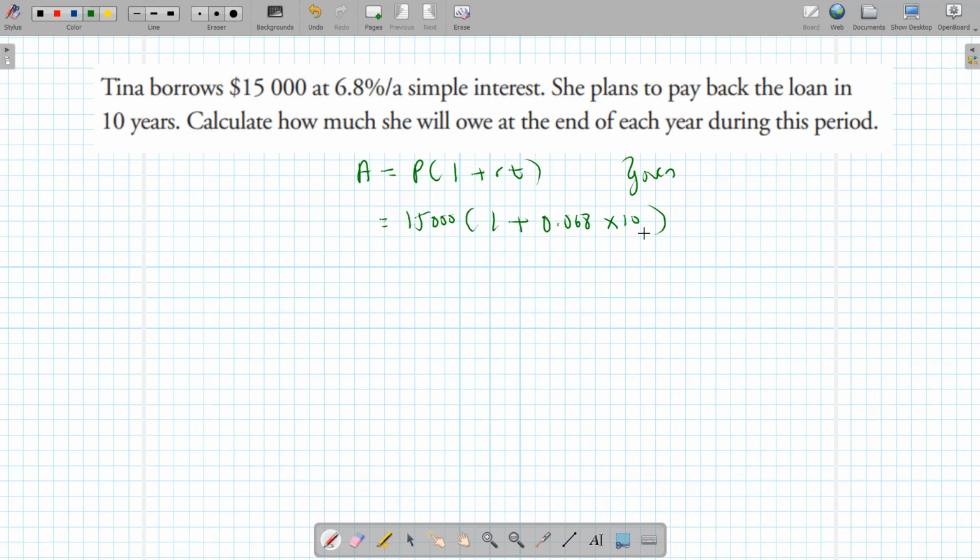It gives me 1.68. Okay, and then you have to multiply that by 15,000. See the 15,000 on the outside? What does that give you?